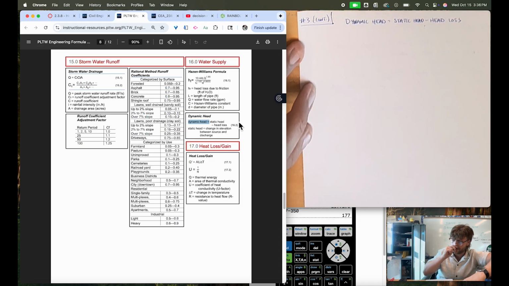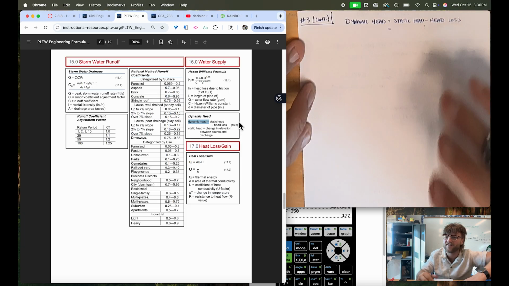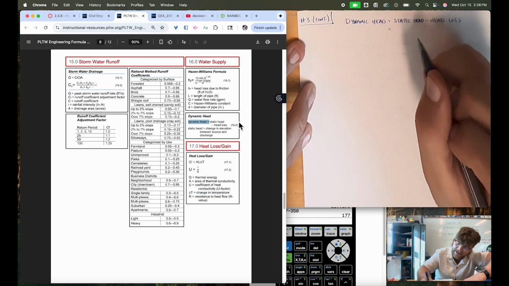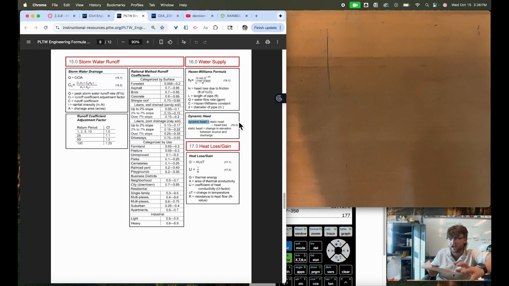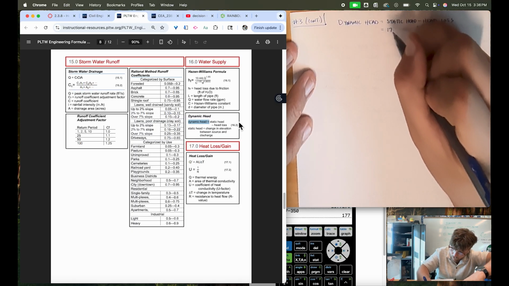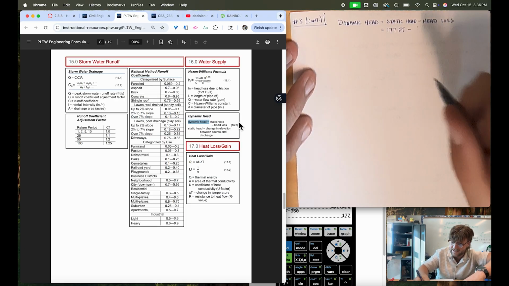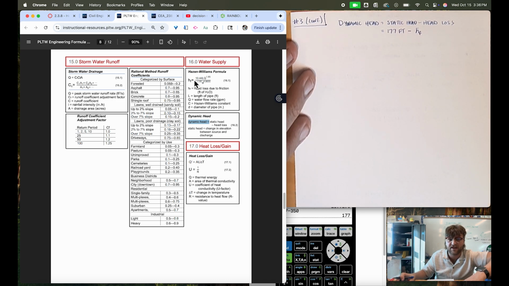Now, do we know the head loss yet? No, we do not. Remember, head loss is HF, which comes from our Hazen-Williams formula. The static head we do have. We just proved that is 177 feet of water, so I'm writing down the feet, feet of water, minus HF. Why are we putting in HF? That's because the Hazen-Williams formula is how we calculate the head loss due to friction.